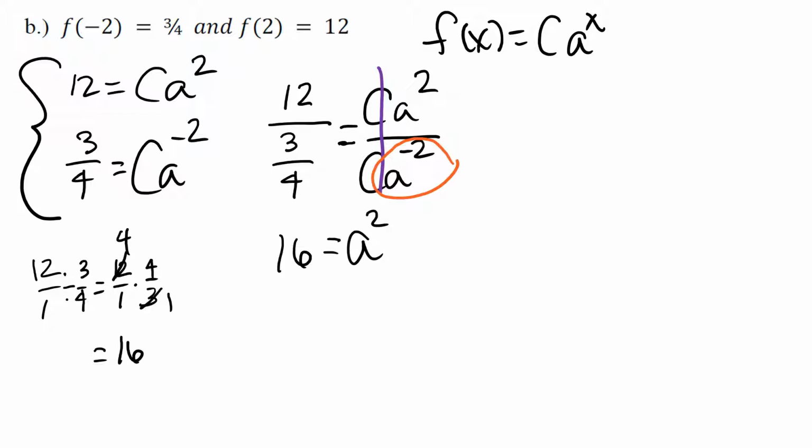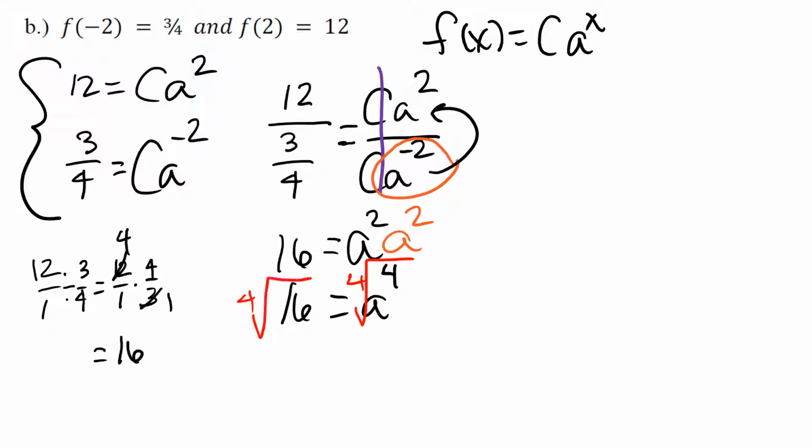That's this one. And then I'm going to bring this up to the top and get a squared for a total of a to the 4th, which is nice. It all kind of looks nice when it's done, because I'm going to take the 4th root of both sides, and I'm only taking the positive root, and it happens to be that a equals 2.